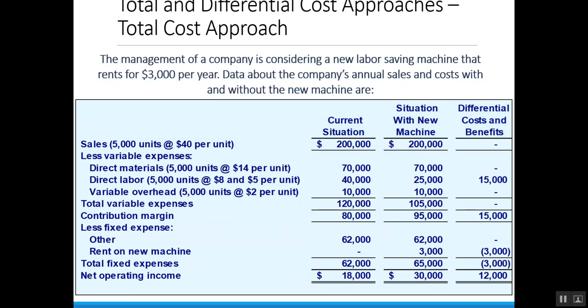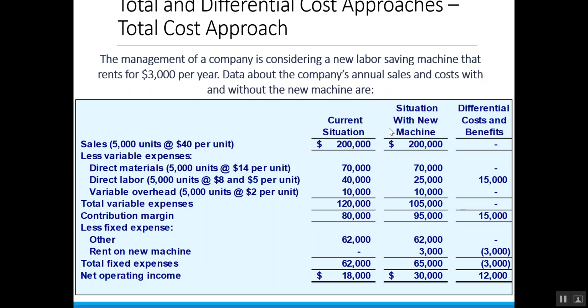So when we look at these differential analyses, we look at something like this. The management of a company is considering a labor saving machine that rents for $3,000 a year. We have this data about the annual sales and costs with and without the new machine.